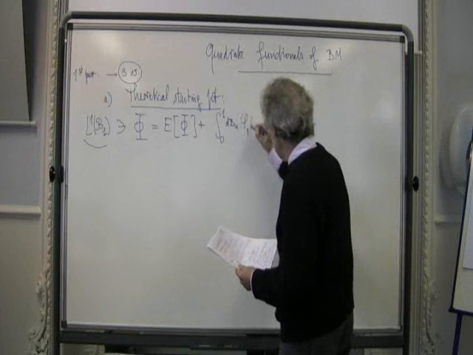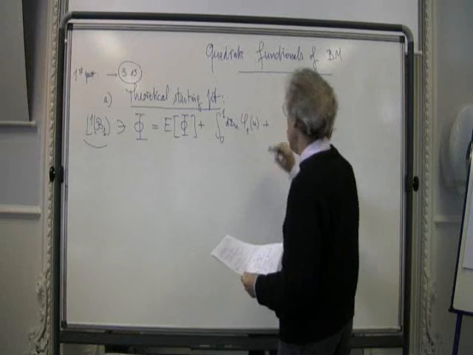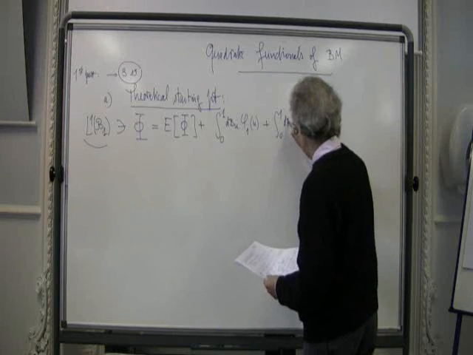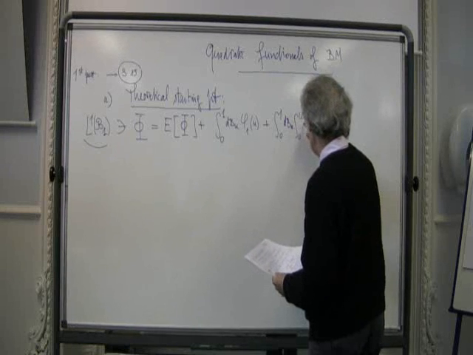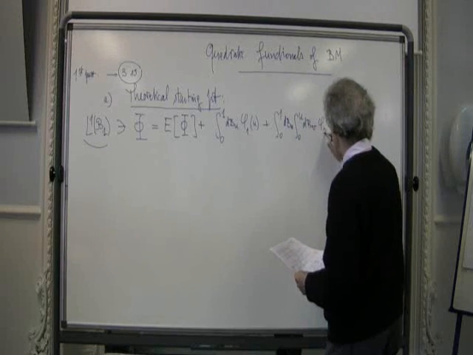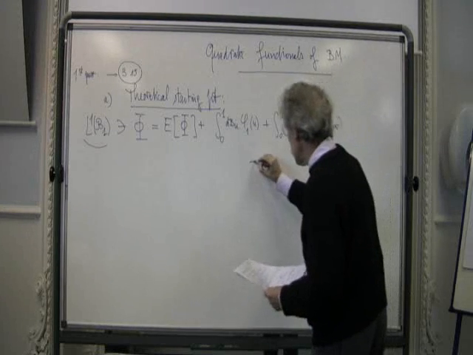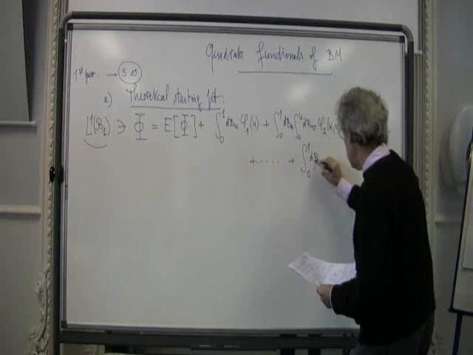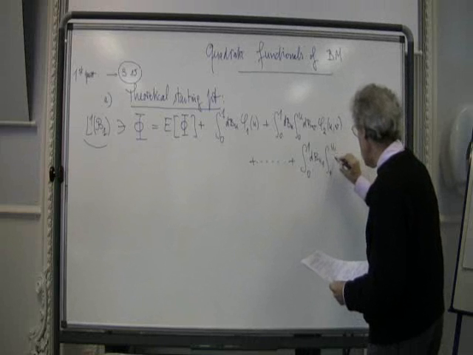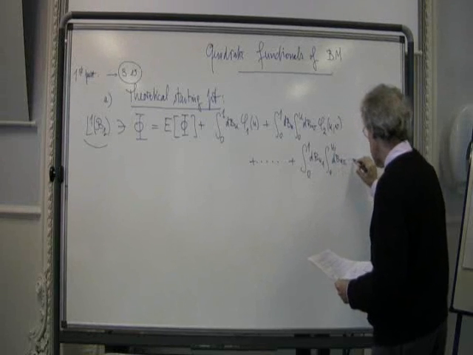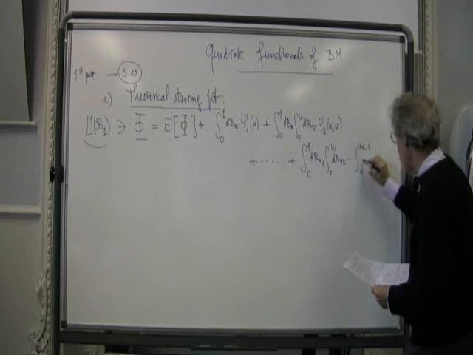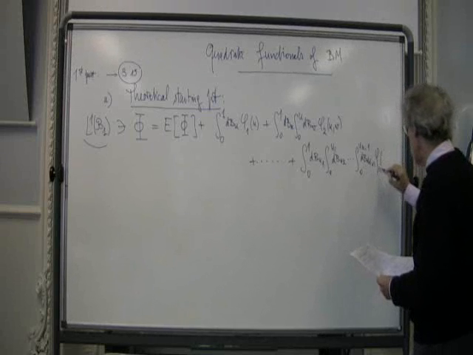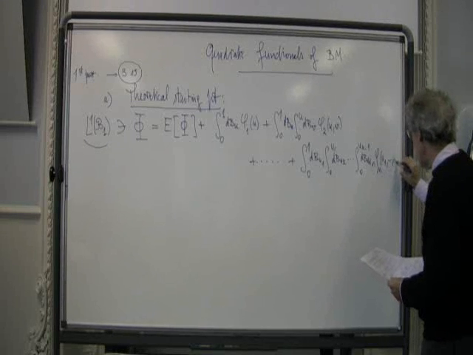So you have a deterministic function phi_1(u), and then a double integral, integral 0 to 1 dB_u, integral 0 to u dB_v, with phi_2(u,v), plus etc., and now you will have integral 0 to 1 dB_{u1}, integral 0 to u1 dB_{u2}, etc., integral 0 to u_{n-1} dB_{un}, and a deterministic function, again, phi_n(u1, u2, ..., un).